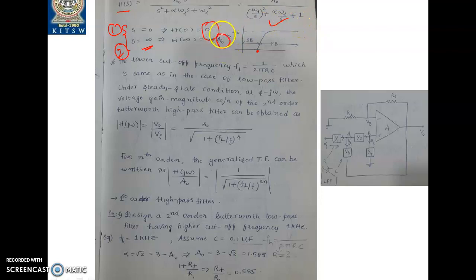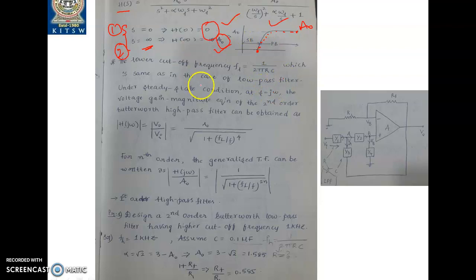We get A0. For s equal to 0, H(0) equals 0. For s equal to infinity, H(infinity) equals A0. So this is 0 and this is A0. If you connect the dots here, you get a pattern similar to the frequency response of the high pass filter.